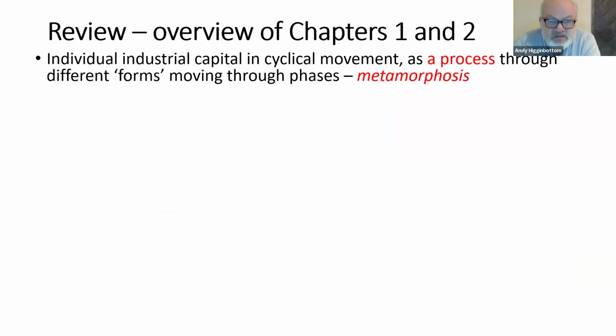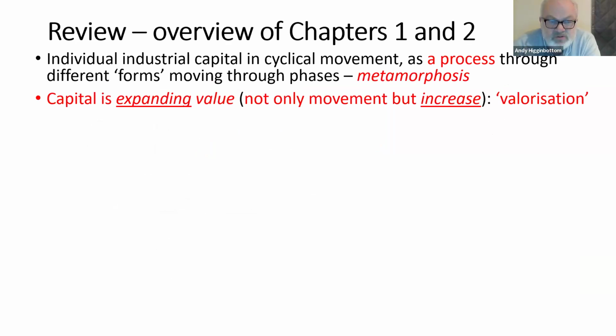Okay, so let's review the first 2 chapters, which I talked about last time. And you've been reading this now, and the whole emphasis is very much on a cyclical movement of industrial capital, in the sense of capital which is directly involved in the exploitation of workers.